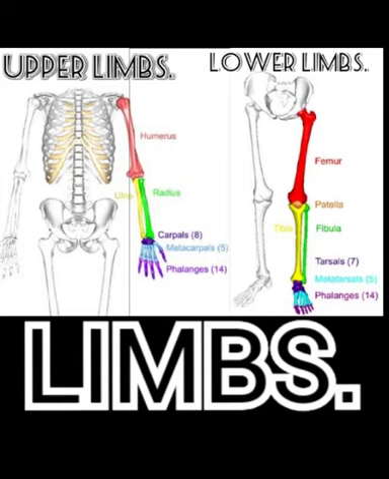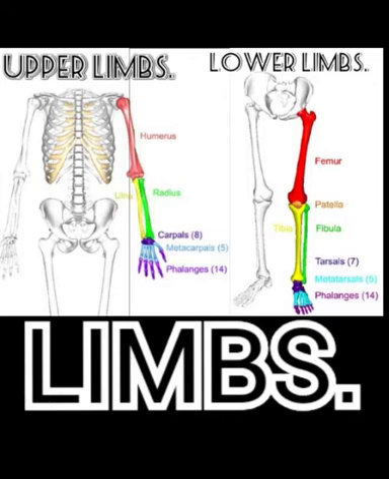First, what is a limb? A limb refers to one of the jointed appendages found either on the human body or on the body of animals.